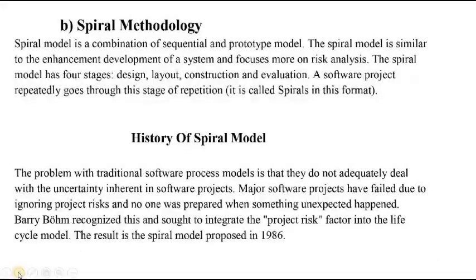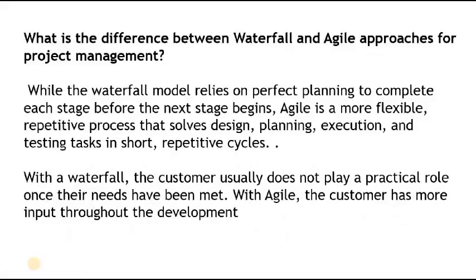What is the difference between waterfall and agile approaches for project management? While the waterfall model relies on perfect planning to complete each stage before the next stage begins, agile is the most flexible, iterative process that solves design, planning, execution, and testing tasks in short, repetitive cycles. With the waterfall, the customer usually does not play a practical role once their needs have been met.